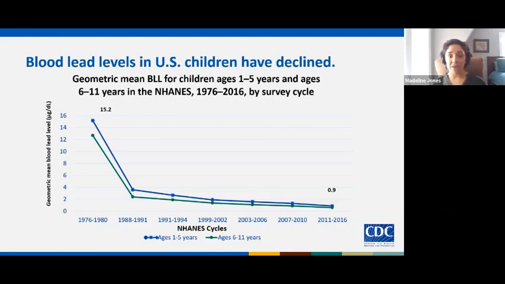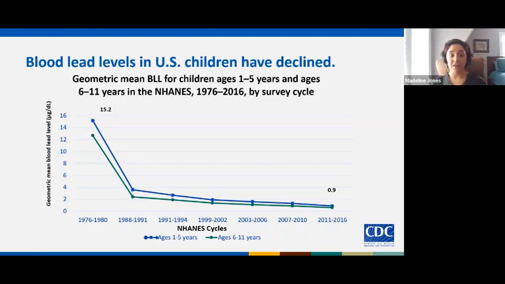What this analysis found is that both the geometric mean blood lead level and estimated prevalence of US children with a blood lead level above 5 micrograms per deciliter declined substantially between 1976 and 2016. So for example, in the 1976 through 1980 NHANES cycle, it was estimated that 99.8% of children ages 1 through 5 had a blood lead level over 5 micrograms per deciliter. And then fast forward to the 2011 through 2016 cycle, that prevalence was 0.3%.